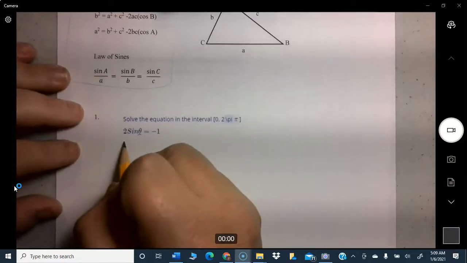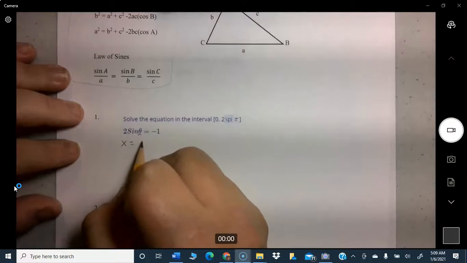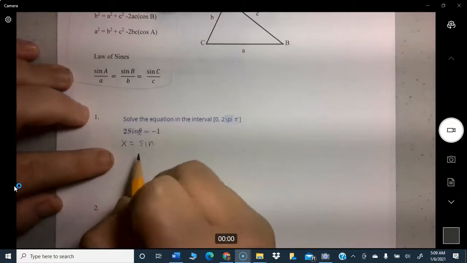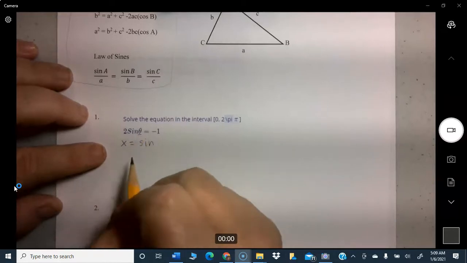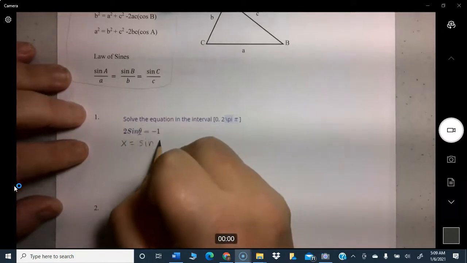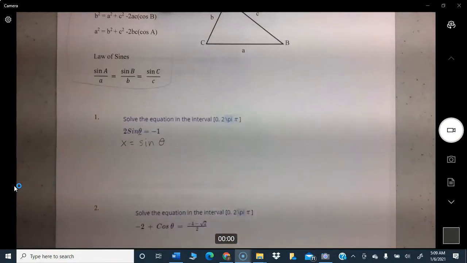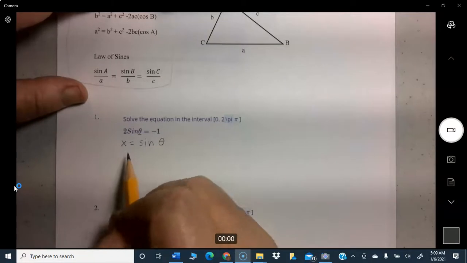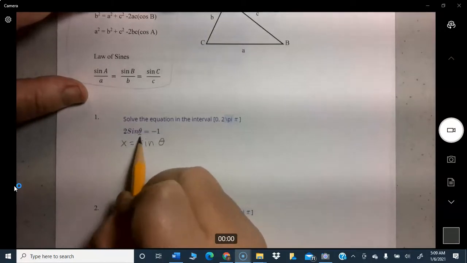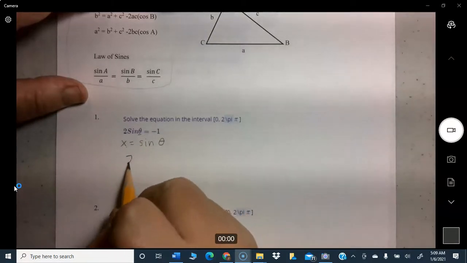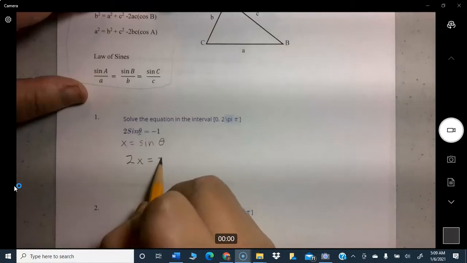So what we're going to say is that x equals sine theta. You can do this problem without doing this, but I just want to demonstrate it on a simple problem. Wherever I see sine theta, I'm going to put an x and then do my algebra, and then I'm going to resubstitute the sine theta for that. So if I substitute x equals sine theta in this equation, I end up with 2x equals -1.